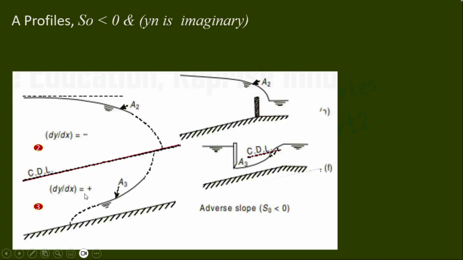Since dy/dx is positive, flow depth is increasing in the direction of the flow due to the opening of this sluice gate. So you can see that the A2 profile is a drawdown curve, whereas the A3 profile is a backwater curve. In nature, adverse slopes are available, but they exist only for short stretches.